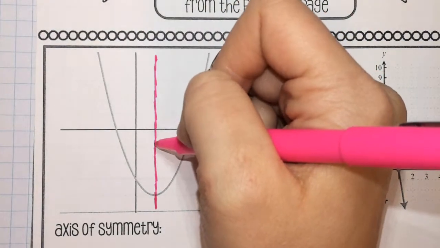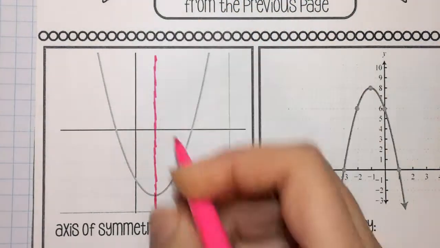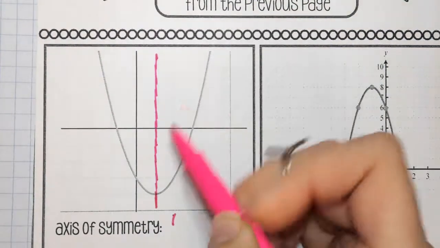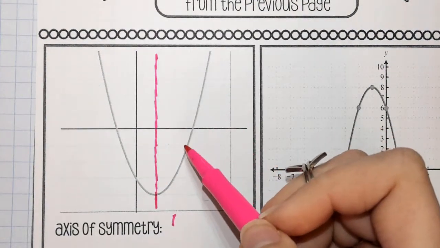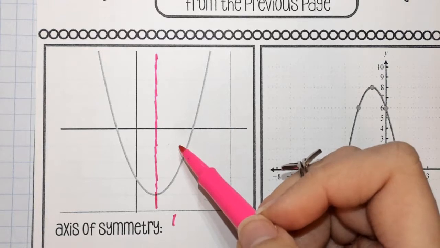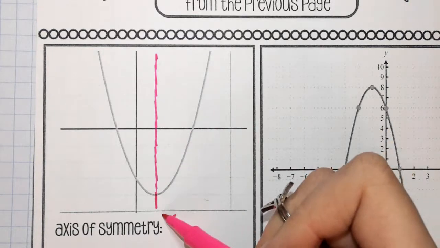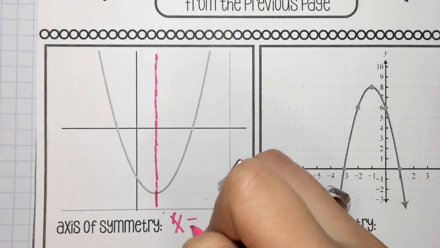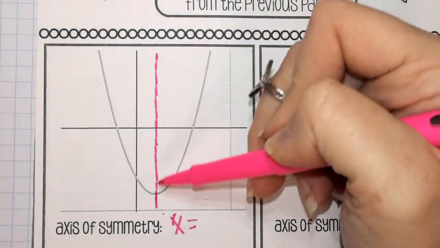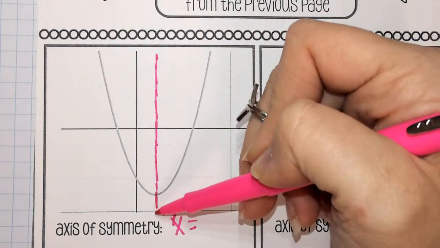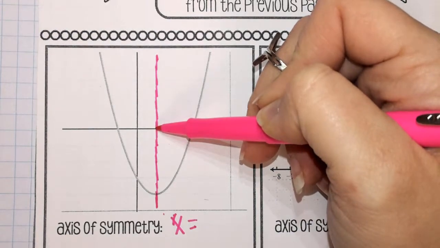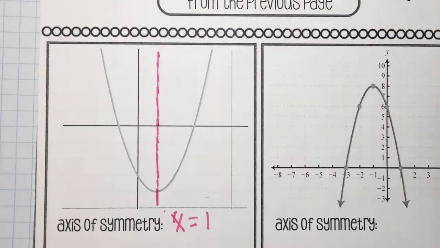I asked for the axis, yes, but no. The axis of symmetry just says x equals. Now, where does it pass through the x-axis? Let's call it 1 then.